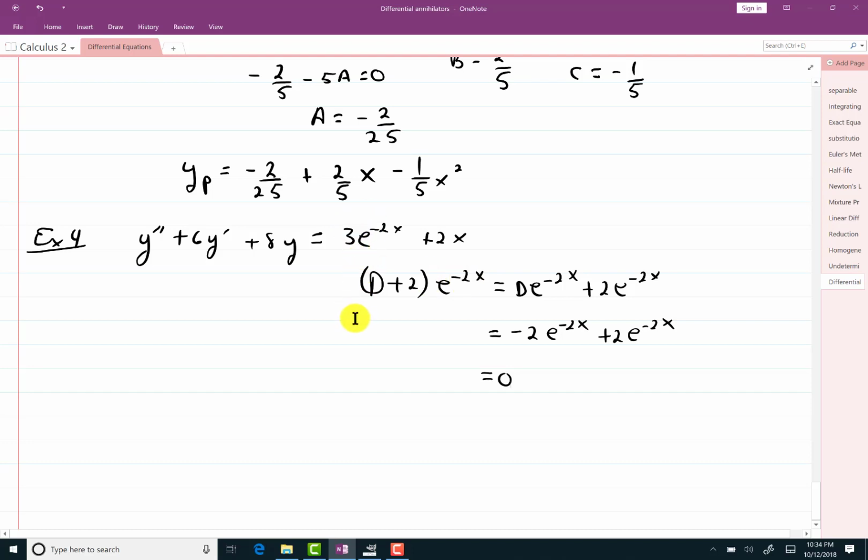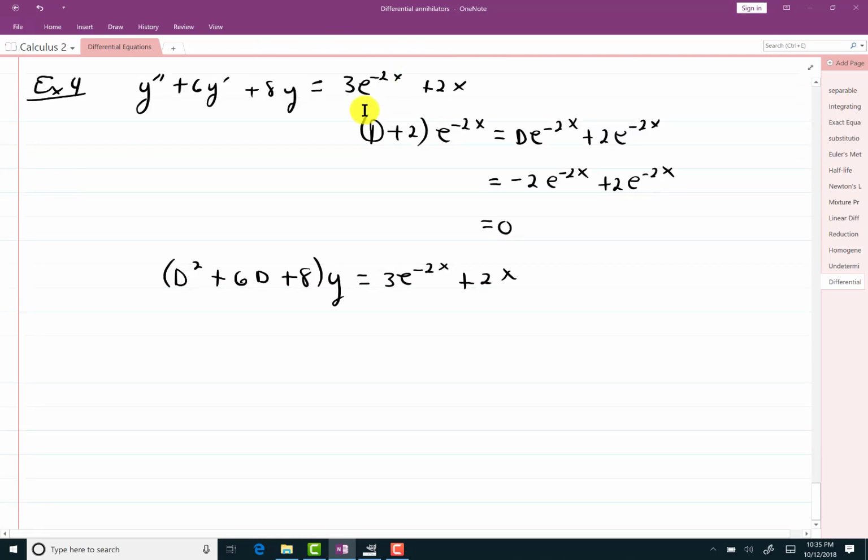The 3 won't matter. To get rid of 2x, I simply need a second derivative. Let's go ahead and rewrite that equation using D's. So I have D squared plus 6D plus 8 times y equals 3e to the negative 2x plus 2x.